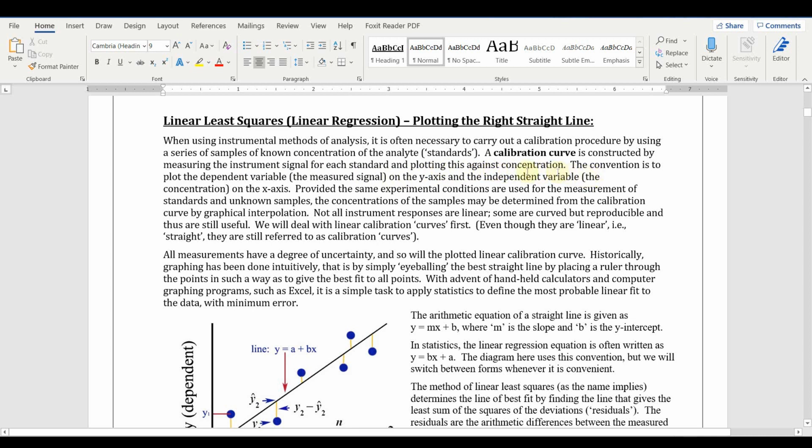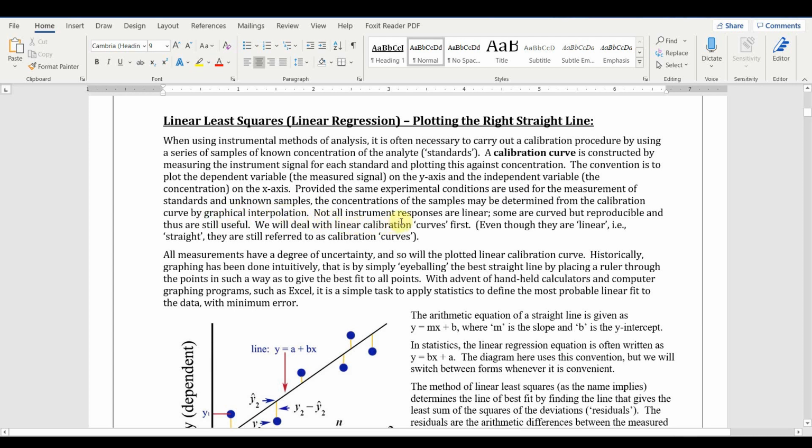Now our convention is to plot the dependent variable, that is the measured signal, on the y-axis, and the independent variable, usually the concentration, on the x-axis. Provided the same experimental conditions are used for the measurement of standards and the unknown samples, the concentration of the samples may be determined from the calibration curve by a graphical interpretation.